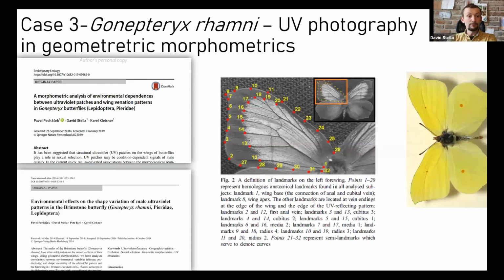Case number 3, Gonepteryx rhamni, also a very common butterfly. You can see it early in spring, even March or May.